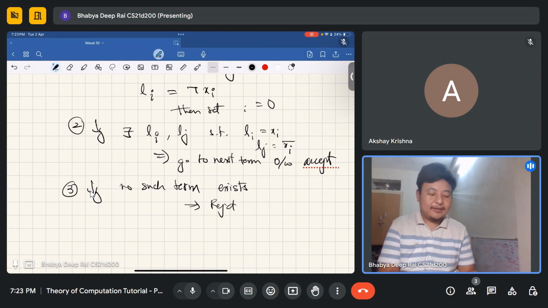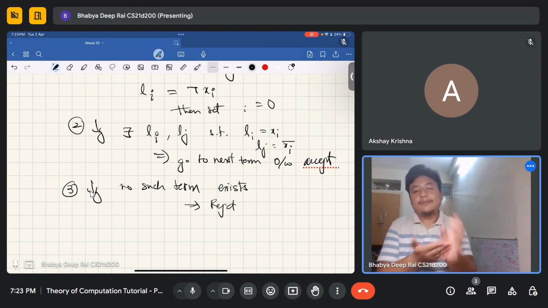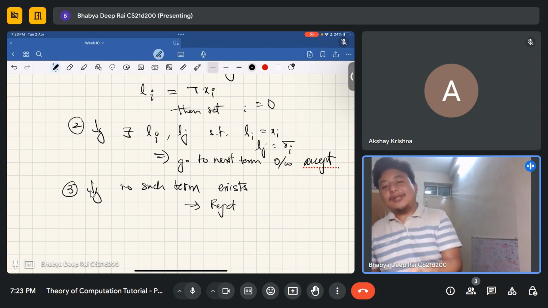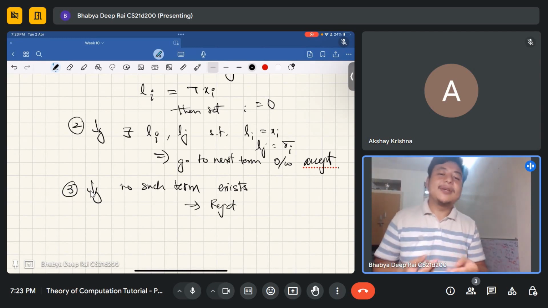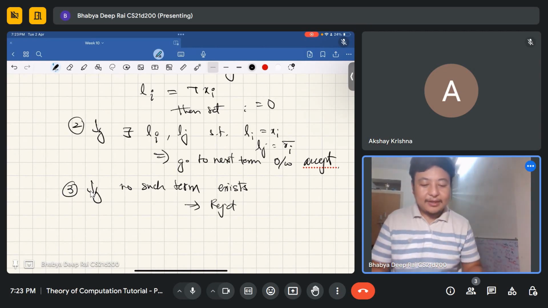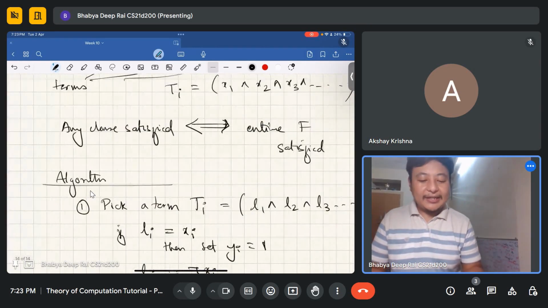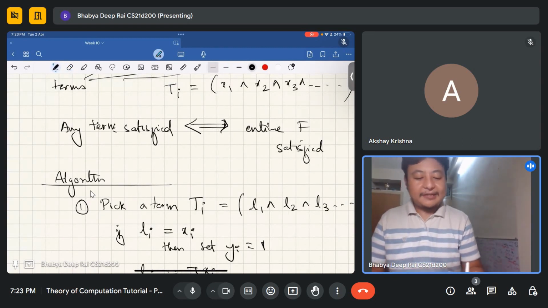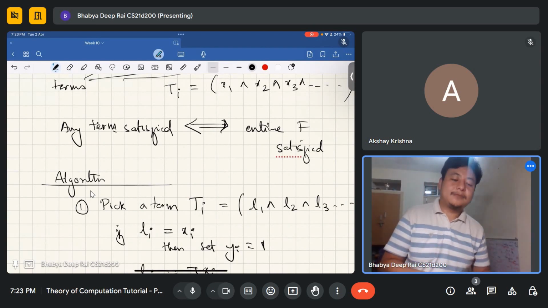Simply to state it, I just go across each term. I try to satisfy that term. If that term is not satisfiable, I'll move to the next term. If that term is satisfiable, then I'll simply accept. Because if any term, not clause, sorry, any term is satisfiable, then the entire f is satisfied.